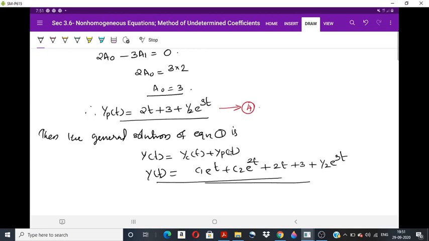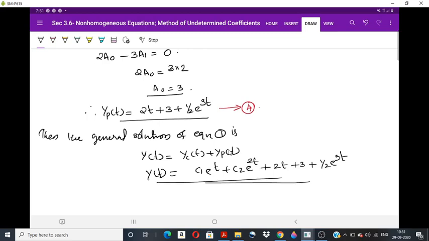Then we will have the particular solution using this method of undetermined coefficients. And once you obtain the particular solution, add this to the general solution of the corresponding homogeneous equation. Then you will obviously get the solution of the given non-homogeneous equation.